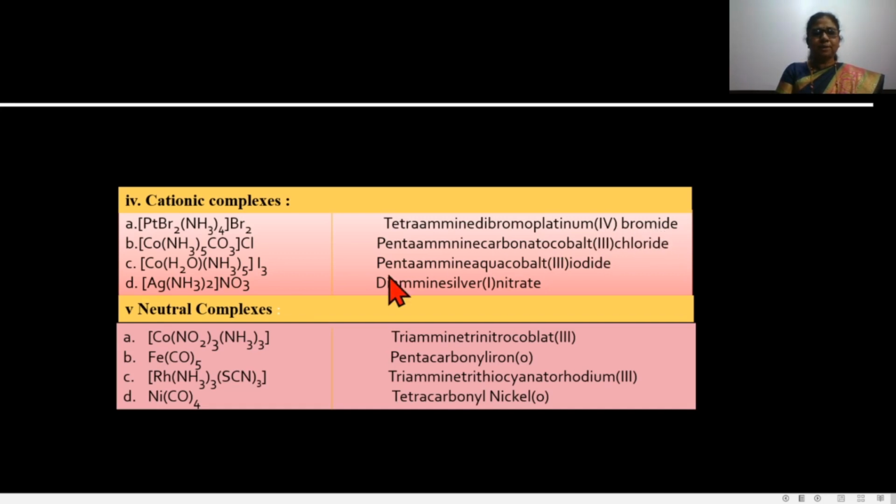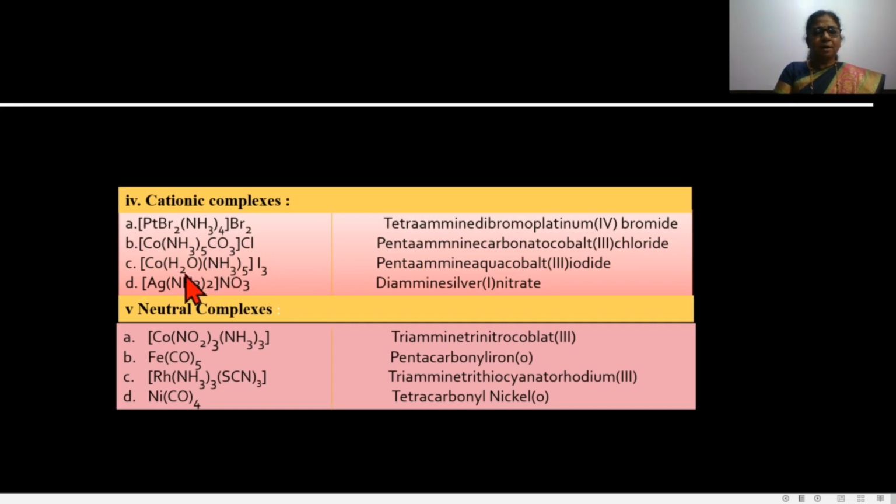In this way. Then how many amine groups are there? 5. The name of this complex is pentaamminecarbonatocobalt chloride, because the ionizable sphere is the chloride, the negative group.